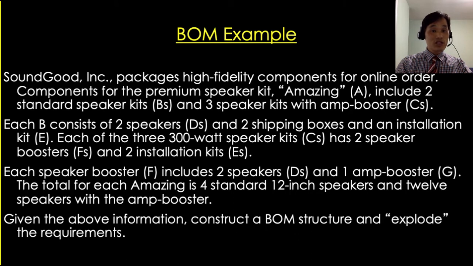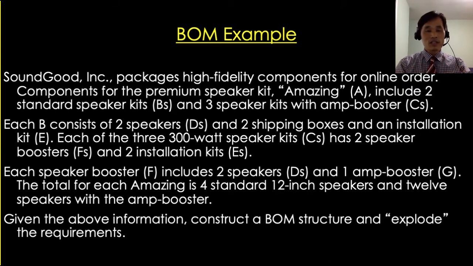Each of the 3 300-watt speaker kits has 2 speaker boosters and 2 installation kits. Each speaker booster includes 2 speakers and 1 amp booster. The total for each Awesome Speaker is 4 standard 12-inch speakers and 12 speakers with an amp booster. Given the above information, construct a bill of materials structure and explore the requirements.